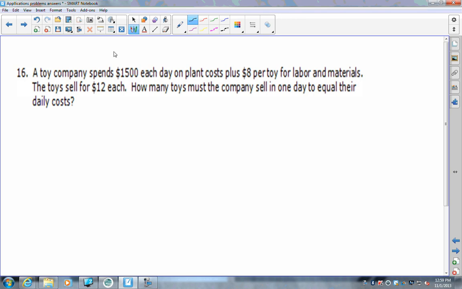Okay, when you talk about plant costs, you're talking about paying for water, electricity, maybe wages. And it's saying that it costs $1,500 plus $8 for every toy. So x is going to equal the number of toys. That's just the cost to make each one.